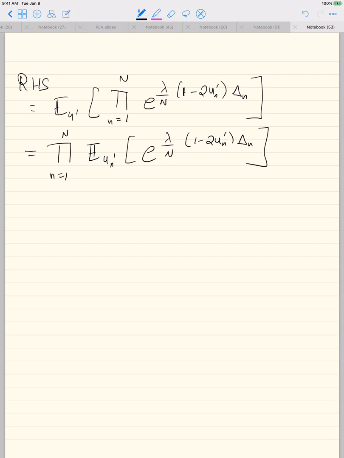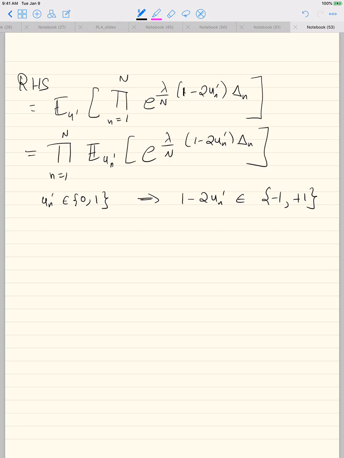Now the point here is that un prime is either 0 or 1. So 1 minus 2 un prime is either minus 1 or plus 1. Okay? And it turns out that there are bounds on quantities like this. These are like moments of a random variable.